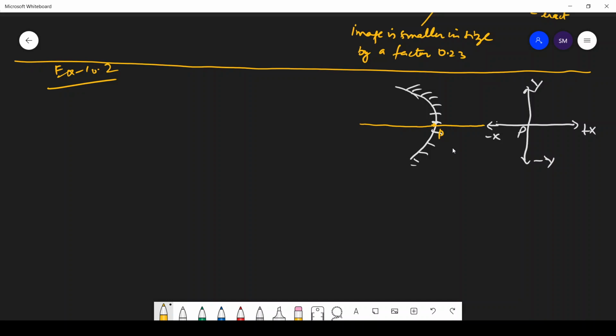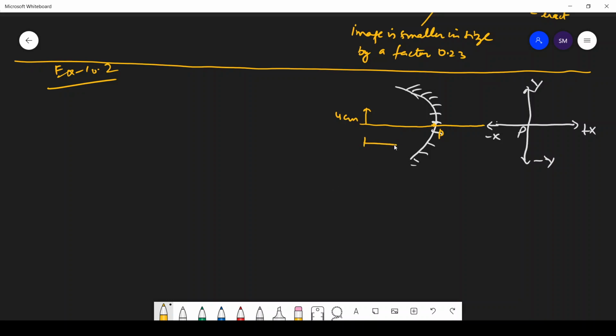So this is what you need to do before solving the question. The object 4 centimeter in size. So the size of the object is 4 centimeter. If you are taking in centimeters, so all the dimensions are supposed to be in centimeter only. Okay, let it be 4 centimeter, is placed at 25 centimeter in front of the concave mirror.